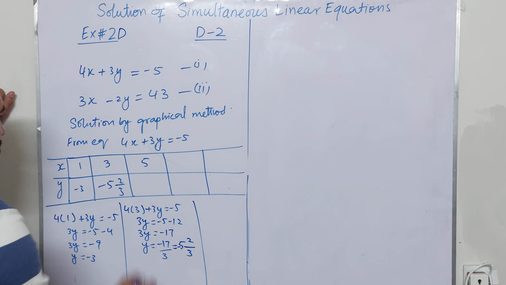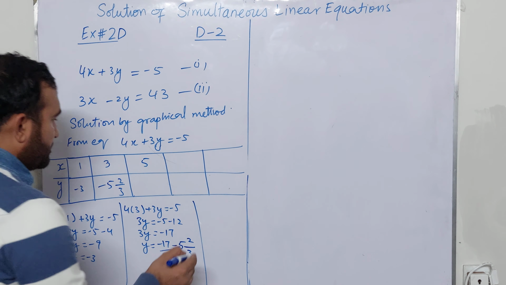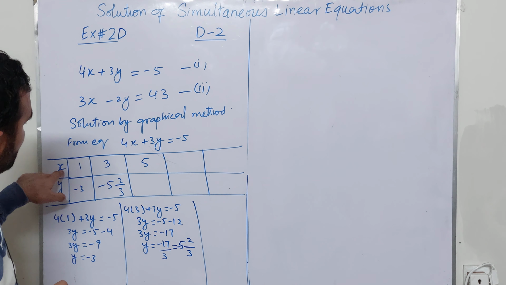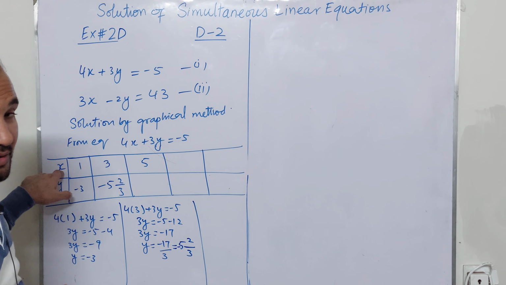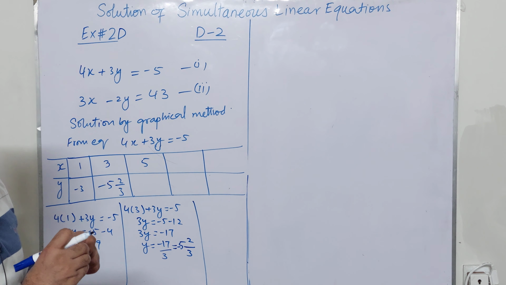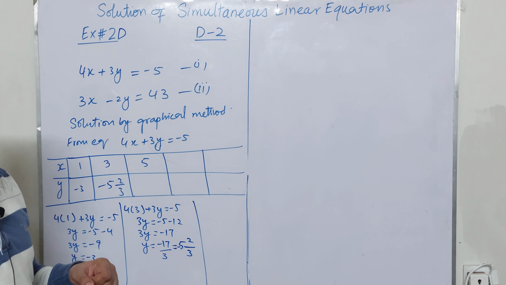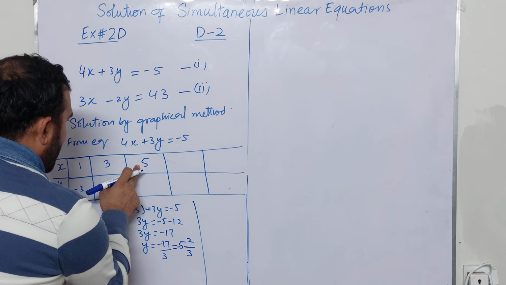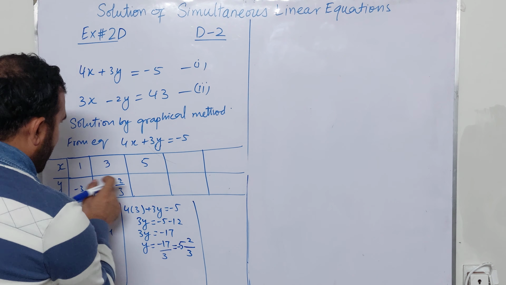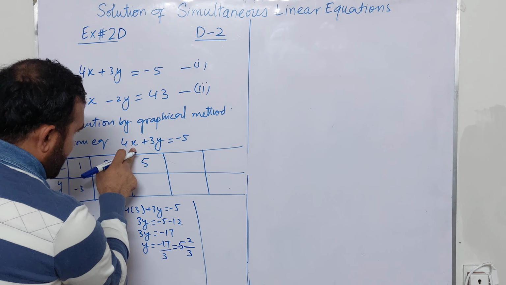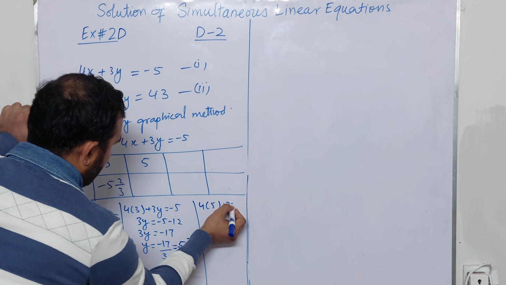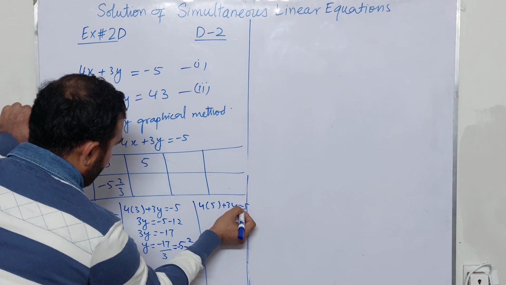Similarly, we choose the next value of 5, because we have a choice of choosing the value of x ourselves, and then we will get the corresponding value of y. So if we choose 5 as the value of x, I will put x as 5, so it will be 4 times 5 plus 3y is equal to minus 5.